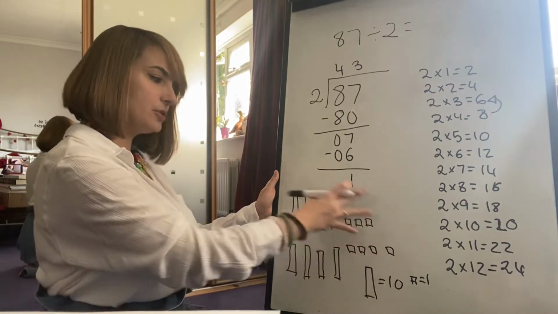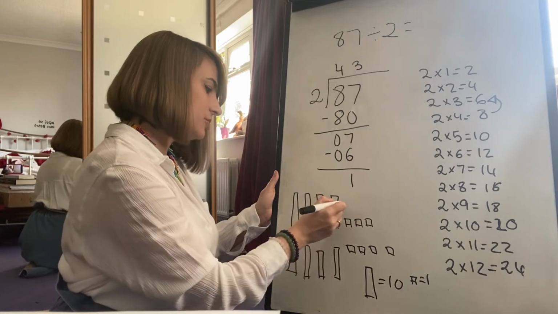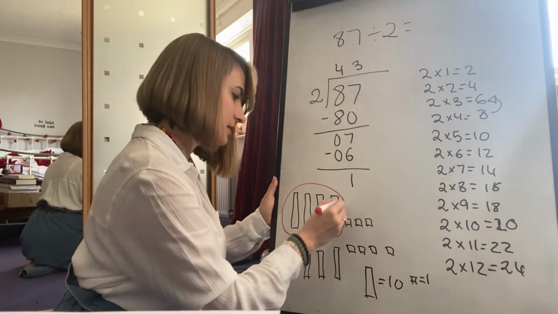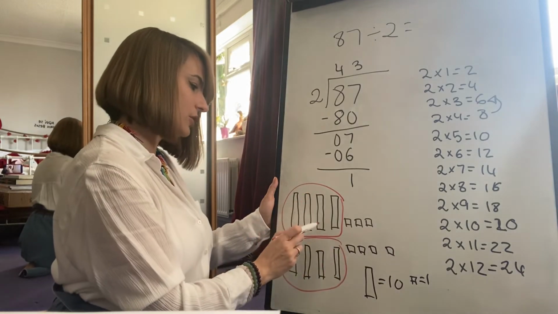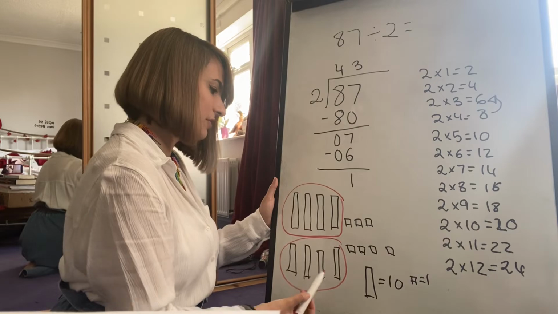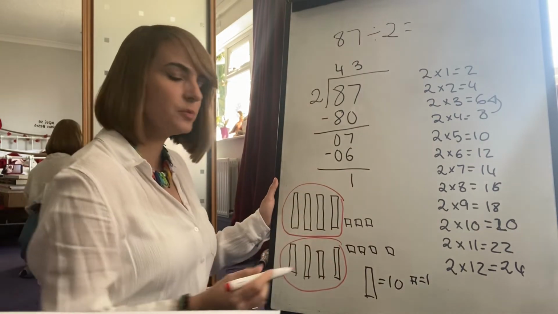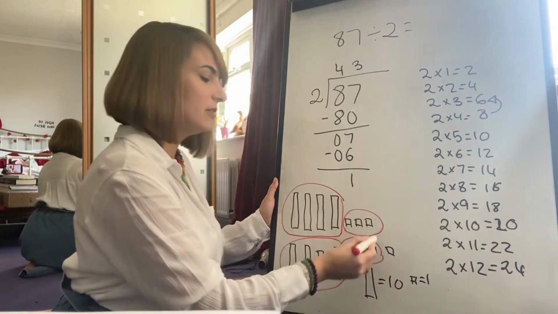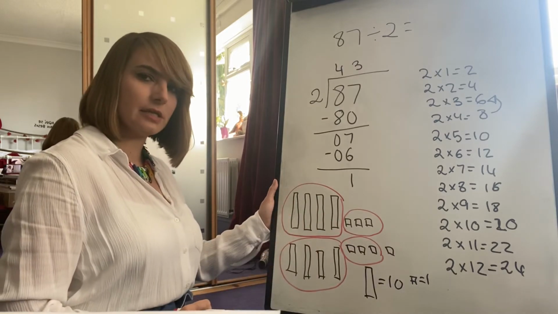Right, I'm going to do it with the Deans now. So I will be able to split these numbers into 2 groups of 4 tens or 40. So they're equal. 1, 2, 3, 4. 1, 2, 3, 4. But when I look at the ones, in order to have equal groups, I can only have 2 groups of 3 in order for them to be equal, and 1 remainder.